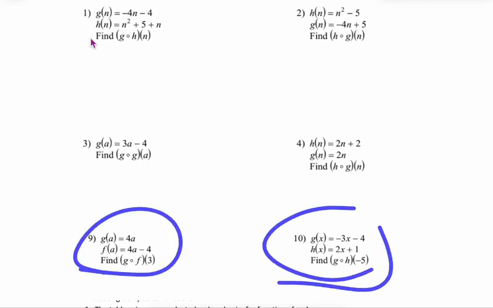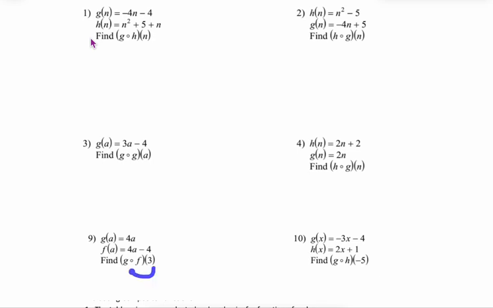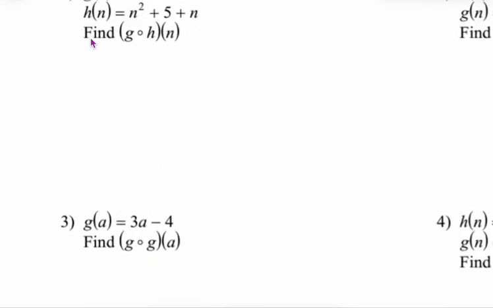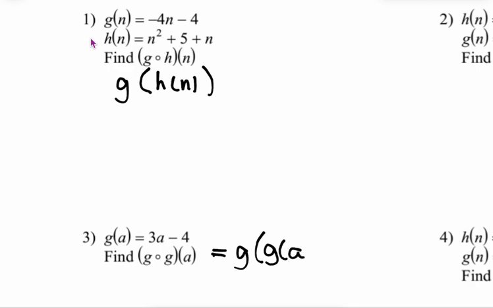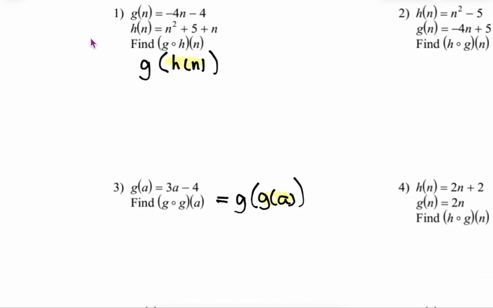9 and 10, you're plugging in numbers. 3 goes into the F function, get a number, that goes into that. So I would suggest before you start any of these, rewrite the notation. So I would write this as G of H of N. For 3, I would rewrite that as G of A. So then you can clearly see what your input is, okay?